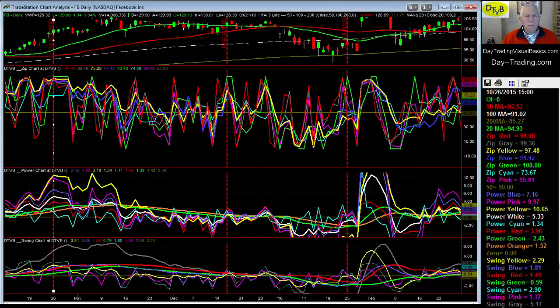So keep all of your lines in mind. There's more to what's in these lines than you first think when you look at them. There's a lot of information, and height above zero in the power chart is a classic example here in these three comparisons.